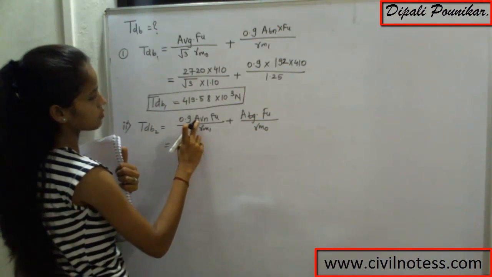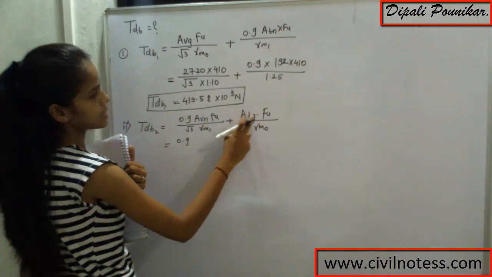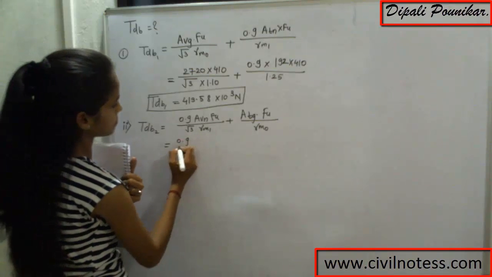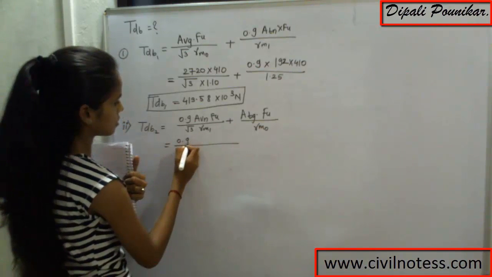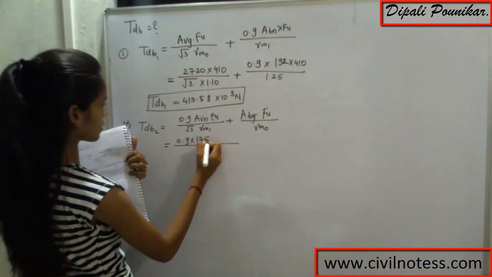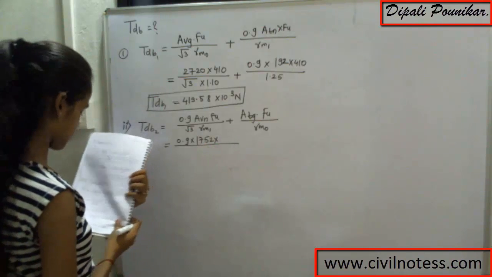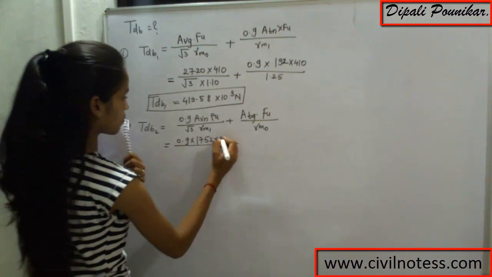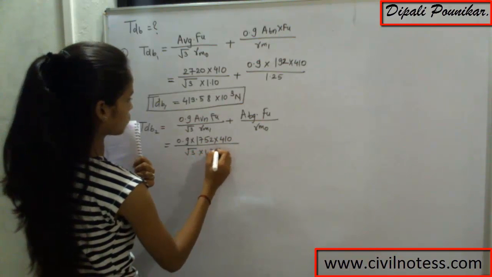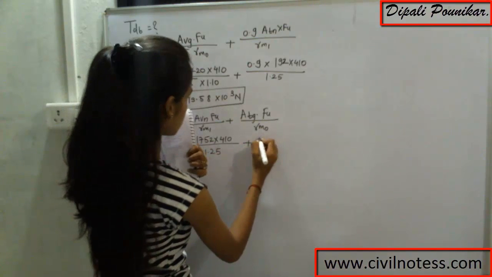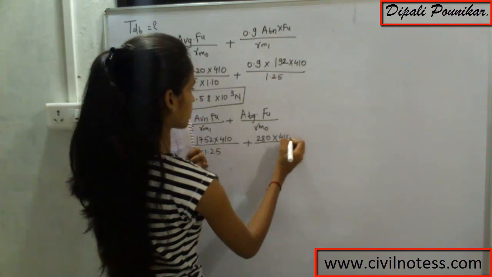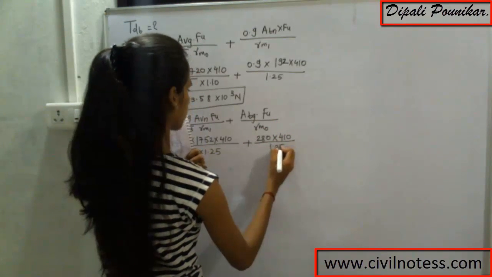After putting the values of AVN, FU, gamma m1, ATG, FU and gamma m0, we get the value of TDB2. 0.9 into AVN, that is 1752, which is already calculated, and FU is 410, under root 3 into 1.25, plus ATG is 280 into FU, that is 410 upon 1.25.